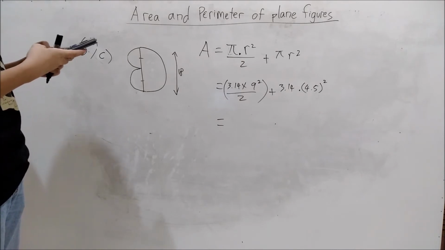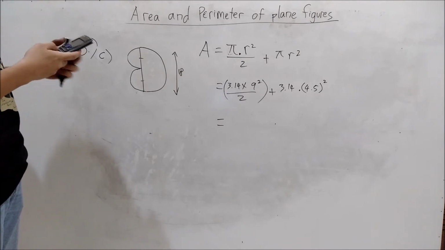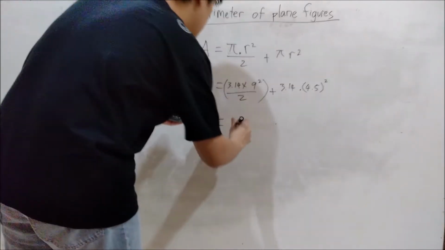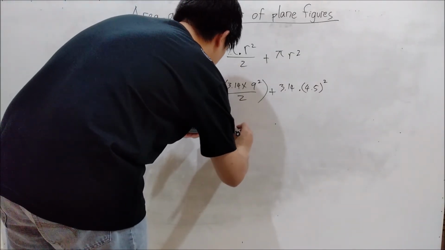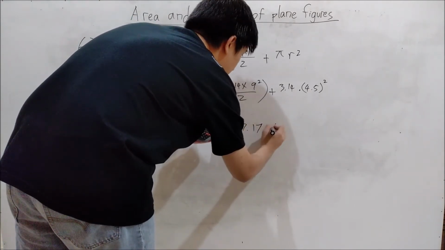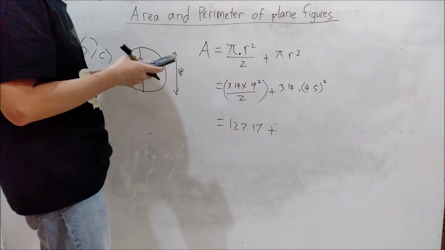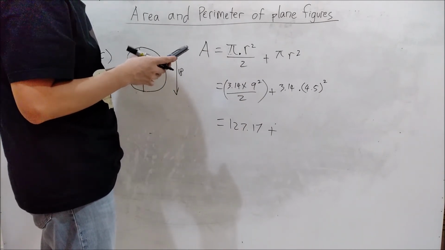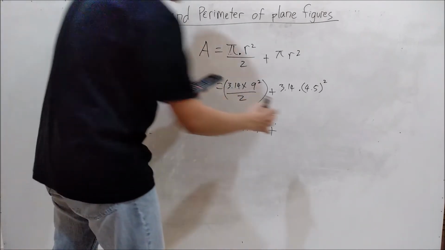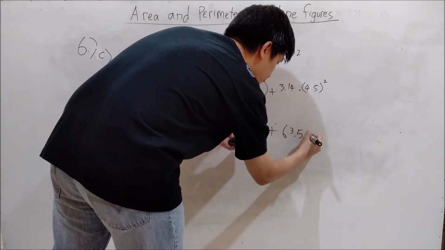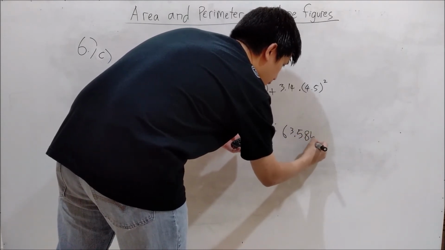3.14 times 81, and then you divide this by 2, you get 127.17, plus, when you count that, 3.14 times 4.5 squared will be 63.585.